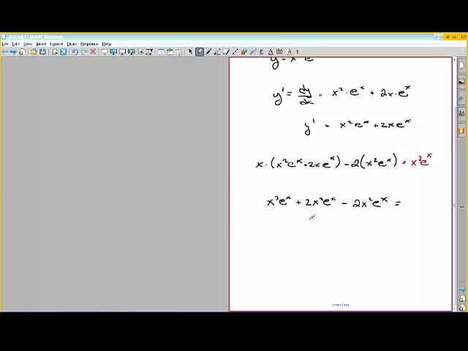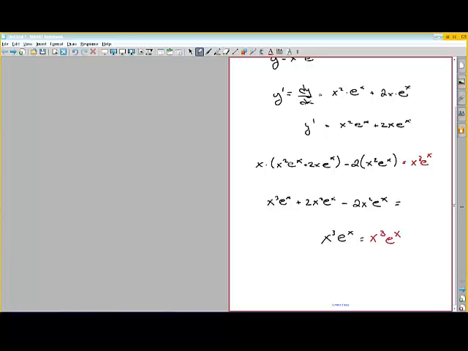Let's see if we have some common terms we can cancel out. Here we have plus 2x squared e to the x and negative 2x squared e to the x. Those cancel out. So all we have left is x cubed e to the x, and that equals the original right-hand side of the differential equation.